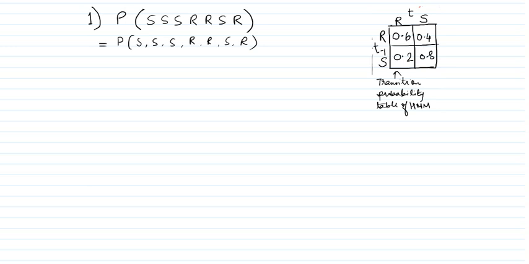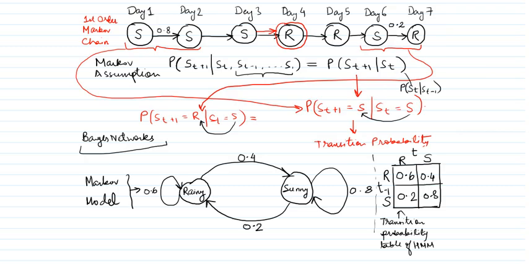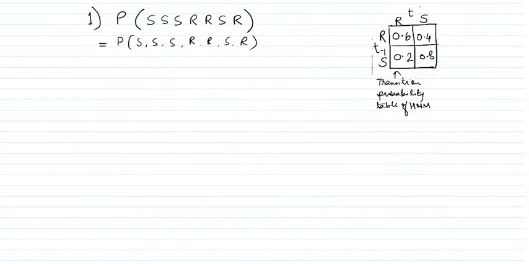But what we are doing is that we are again following this Markov assumption. After applying the Markov assumption, we are left with the probabilities that are on just the previous states.